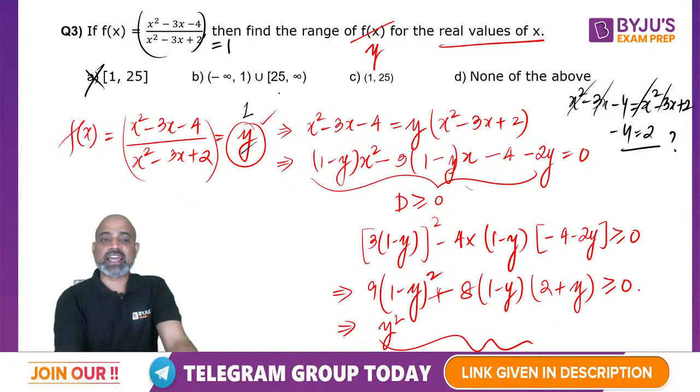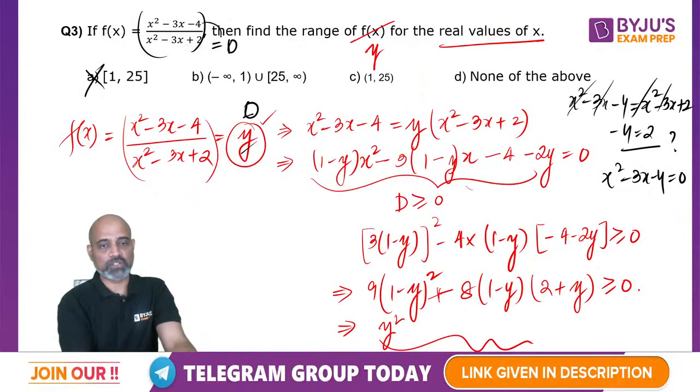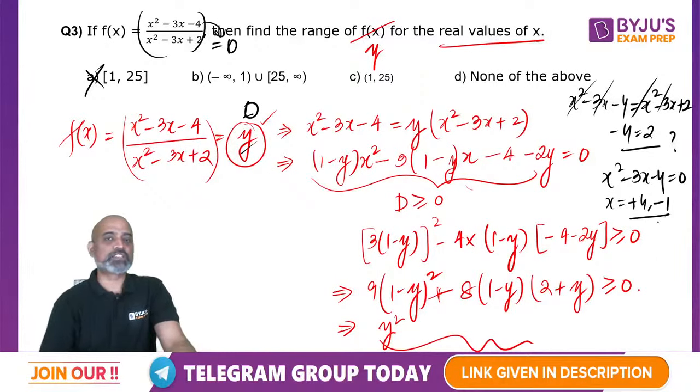Next question is, can the value of this entire quotient polynomial be equal to 0? Suppose this is 0. If this is 0, that means x square minus 3x minus 4 is equal to 0, as in the numerator is equal to 0. If the numerator is equal to 0, x can be plus 4 and minus 1.